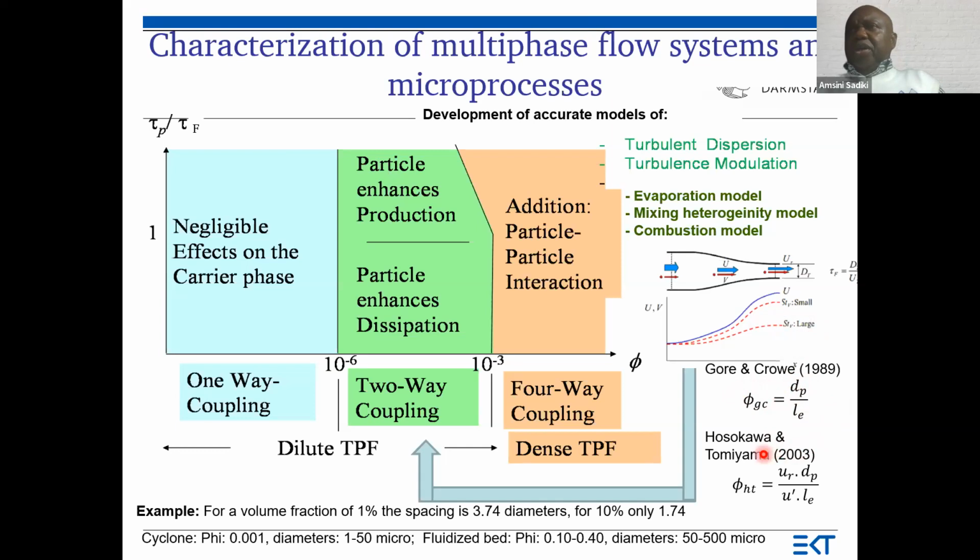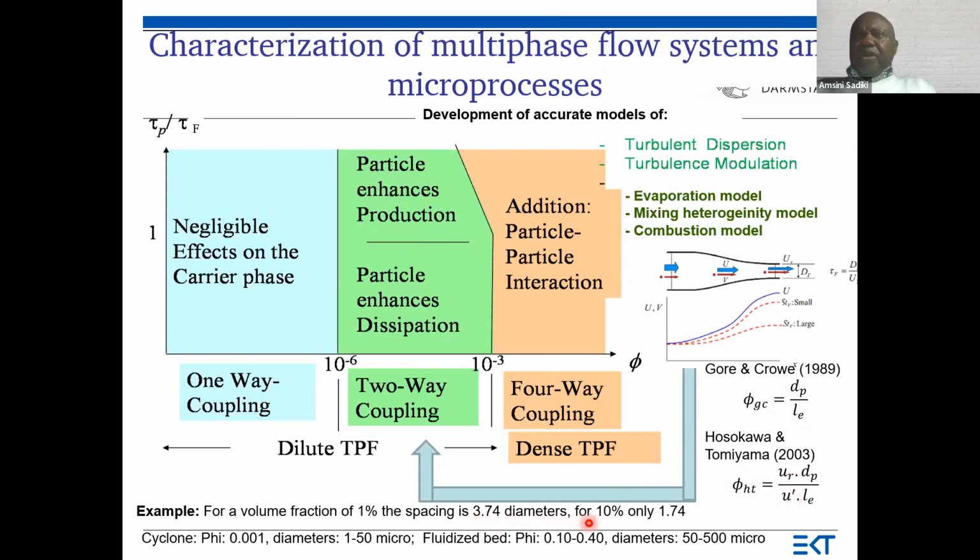And Kawa also introduced this one, in which, beside this quantity, they also introduce the fluctuations of the fluid flow to account for the effect in the case where we have fluctuation of the flow field.